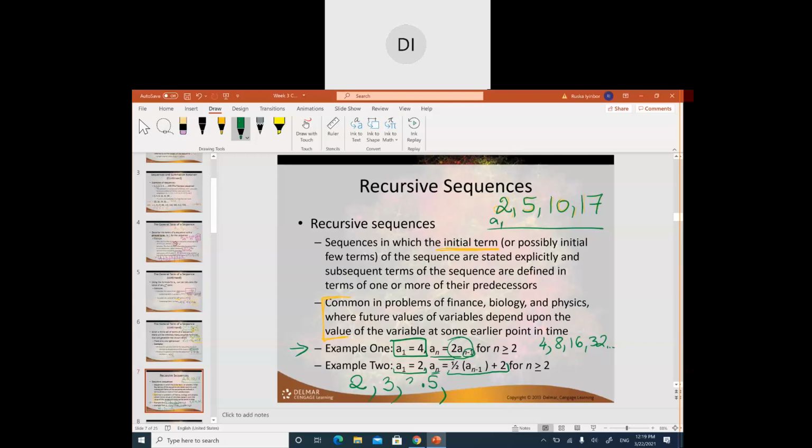Oh, I see. It's right. Yeah, 3.5. Okay, the next one, you're going to take half of 3.5, right? 1.75, that's right. And then you're adding 2, so it's going to be 3.75. And so on. Everybody understand the pattern?